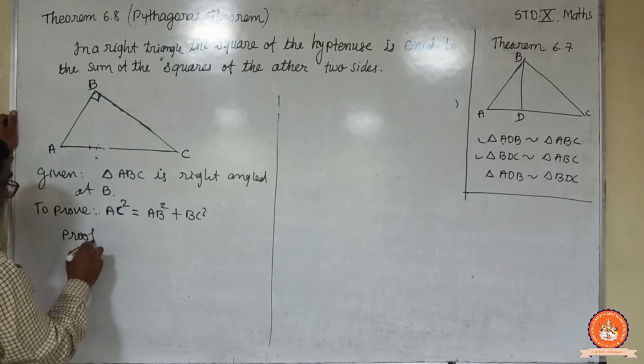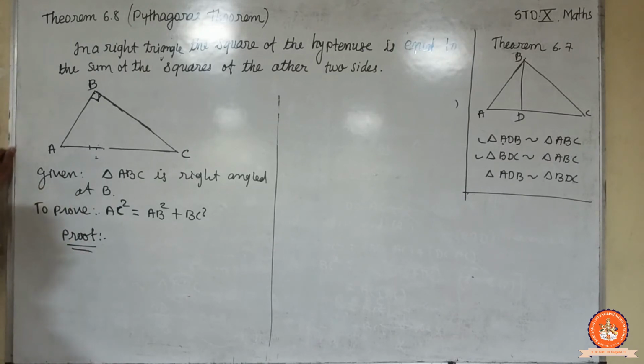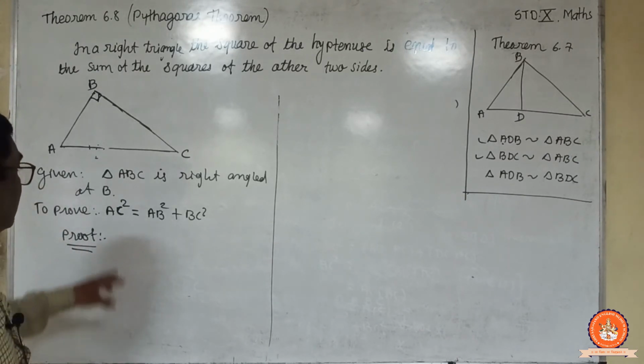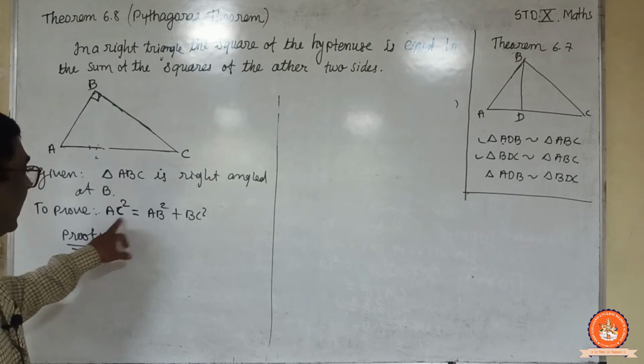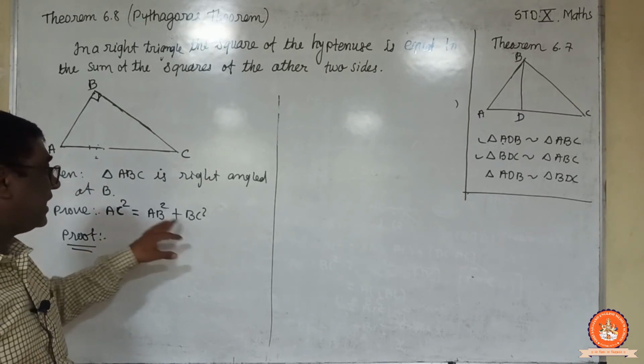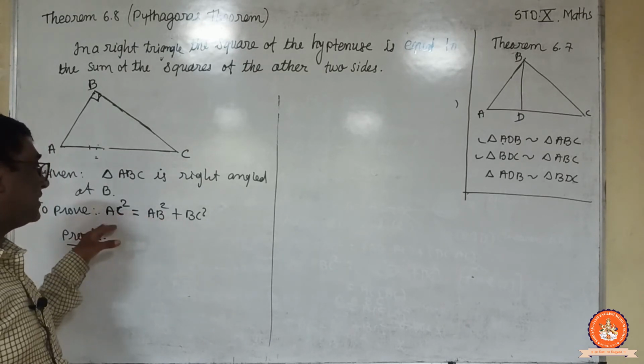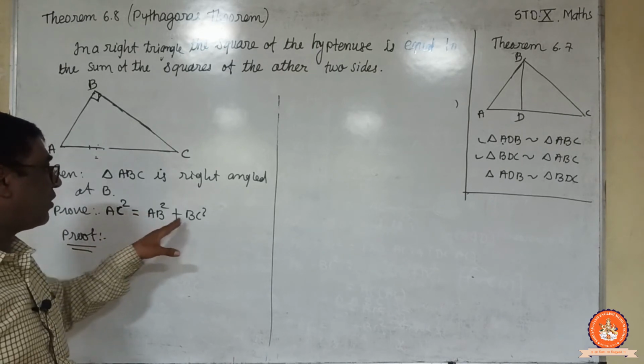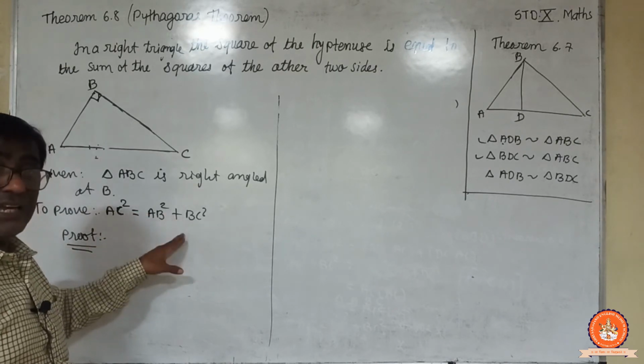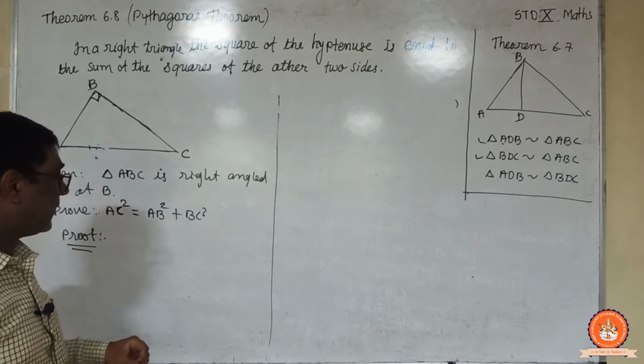Now proof. Okay, so my friends, here it's AC square on the left hand side and AB square plus BC square on the right. So taking the right hand side first, we will prove the left hand side. So हमें AB square और BC square दो चाहिए, उसका रिजल्ट चाहिए और उसको हम ऐड करेंगे.